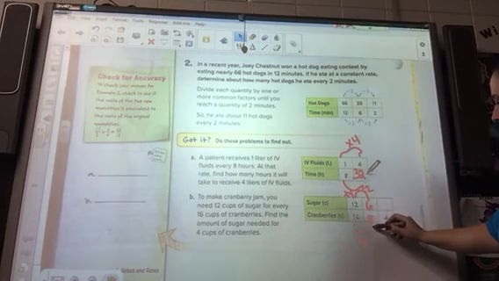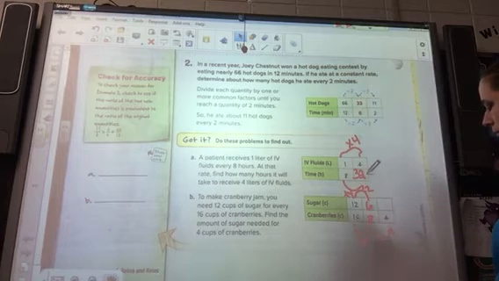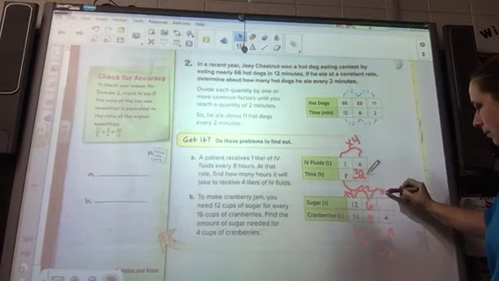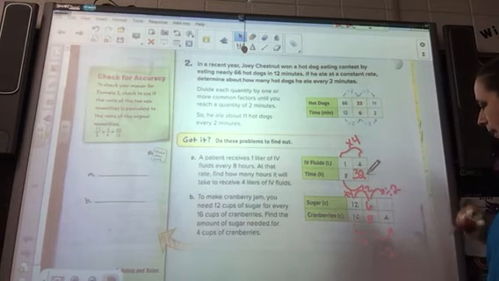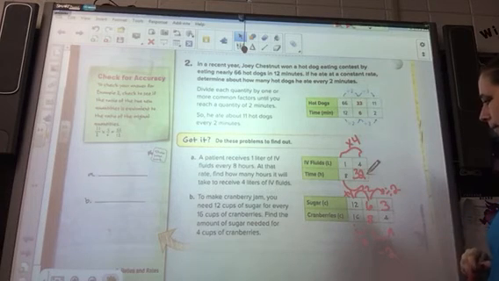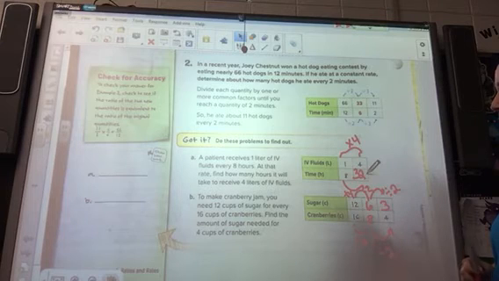Now, how could I get from 8 to 4? I could divide by 2 again. What I do on the bottom, I got to do on the top. 6 divided by 2 is 3. So for the amount of sugar needed for 4 cups of strawberries, I would need 3 cups of sugar.